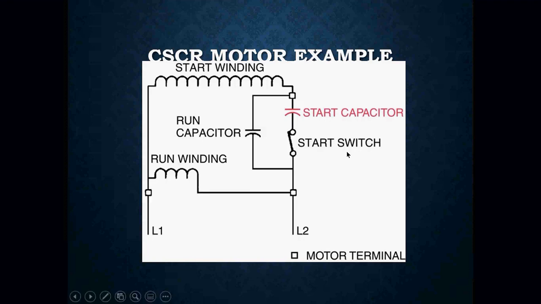Once that motor reaches 75% of its rated speed, that switch is going to open, which removes the start capacitor from the circuit. However, the start and run windings are still energized, and you have a run capacitor in there that helps the motor continue spinning at its highest efficiency.